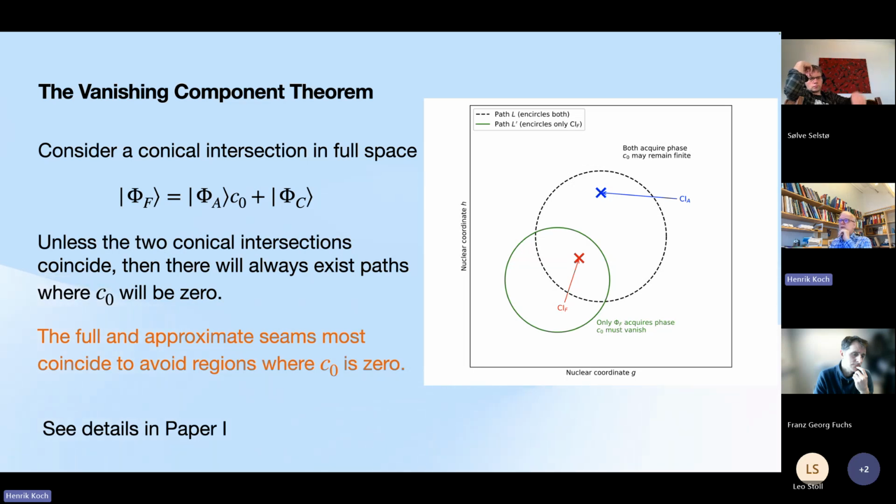If this wave function has a conical intersection in the full space, so in the full CI space, for instance, then when I make a circle around the conical intersection, the green curve on the right, the wave function must accumulate a phase as I go around and must change its sign.